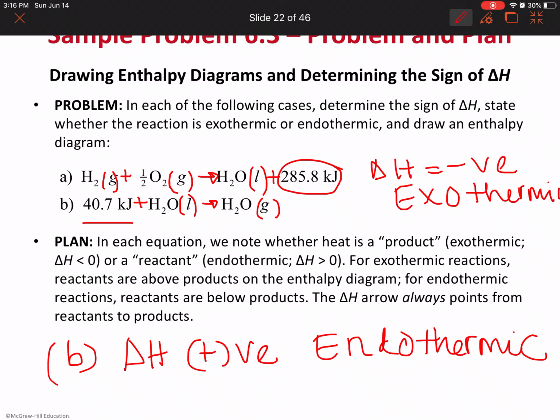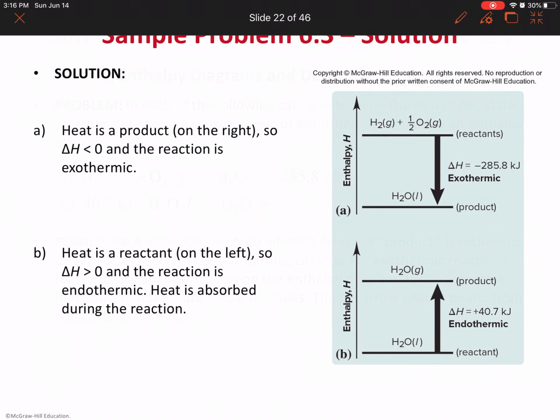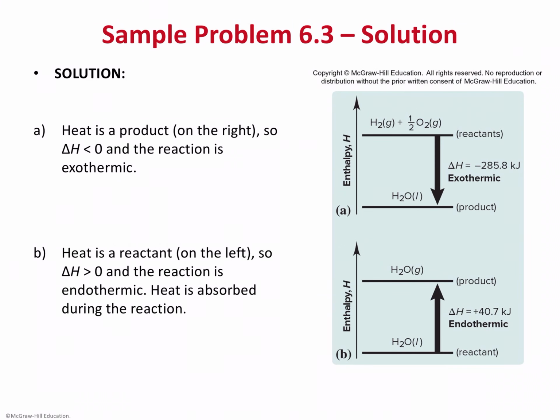Okay, now let's look at the other page to see the energy diagram. Okay, so heat is a product on the right, so delta H is going to be less than 0 and the reaction is exothermic. So these are the reactants, hydrogen gas and oxygen. It loses 285.8 kilojoules, exothermic reaction. So this is the product.